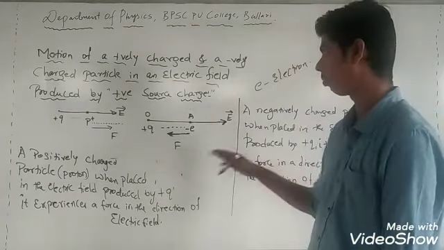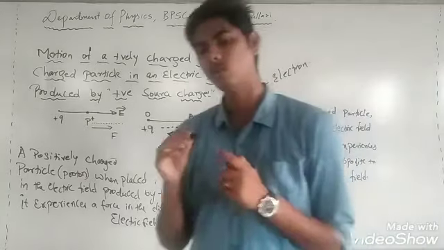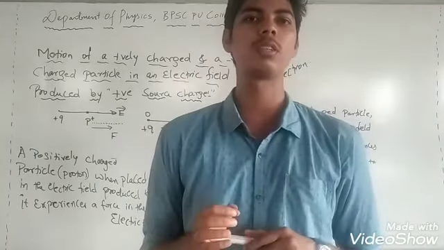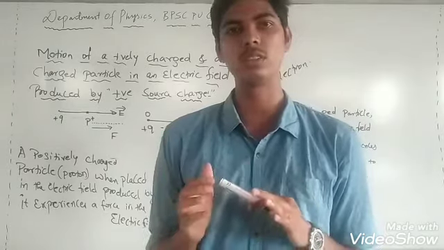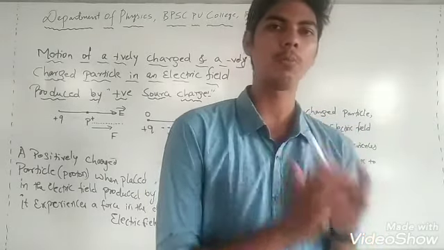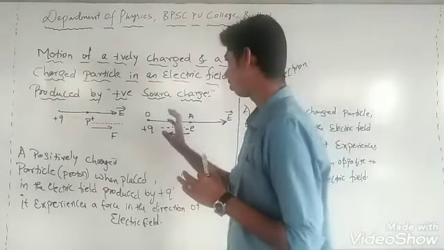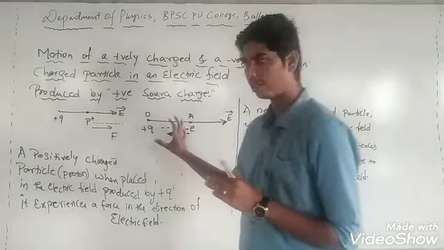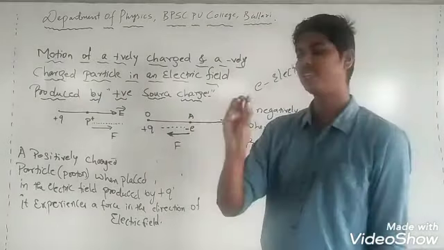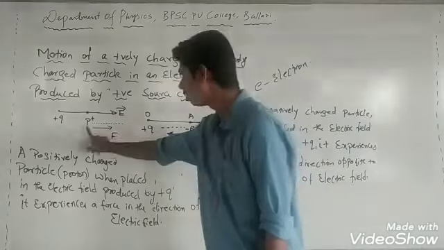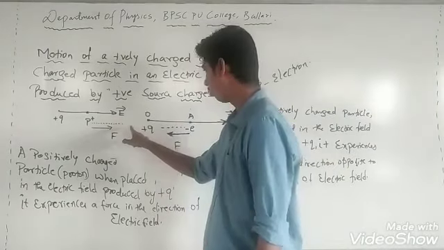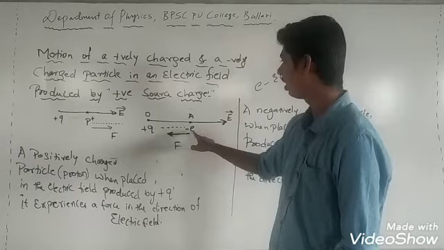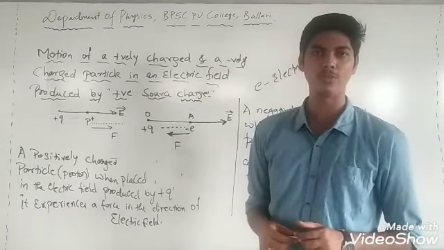You can just work it out, right? But many times we will be discussing only ideas concerned with an electric field produced by a positive source charge. So you must know the direction in which a positively charged particle experiences force and the direction in which a negatively charged particle experiences a force. Thank you.